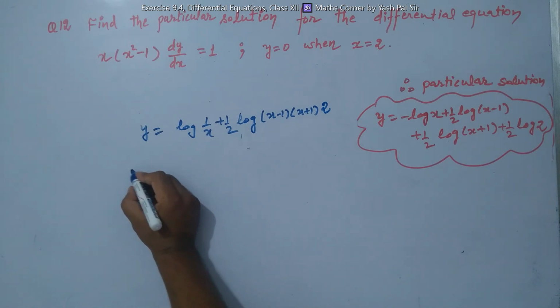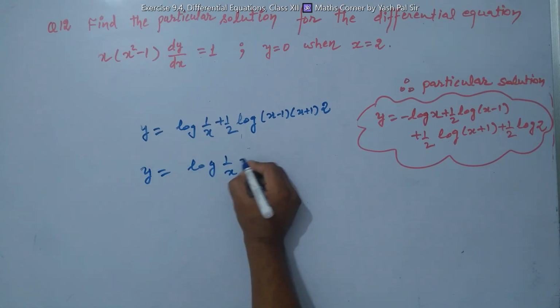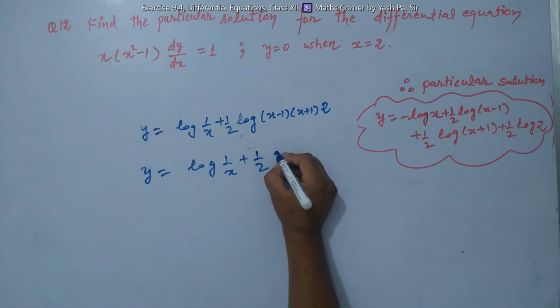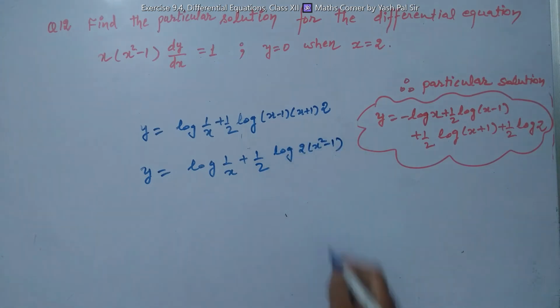So this way we have y is equal to log of 1 upon x plus 1 upon 2 log of 2 x square minus 1.